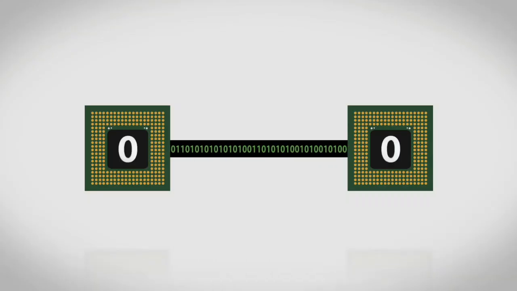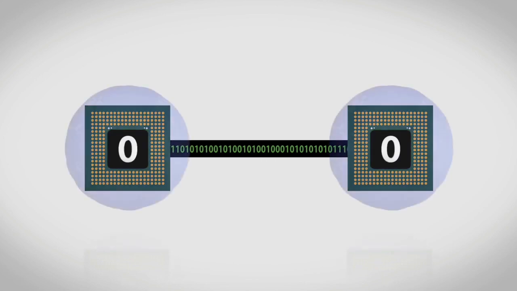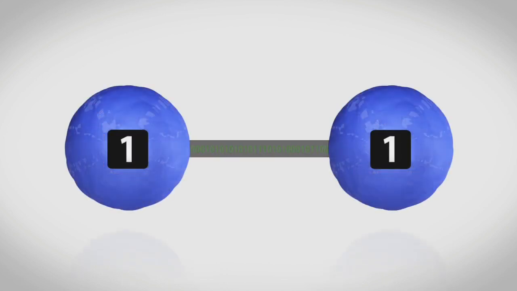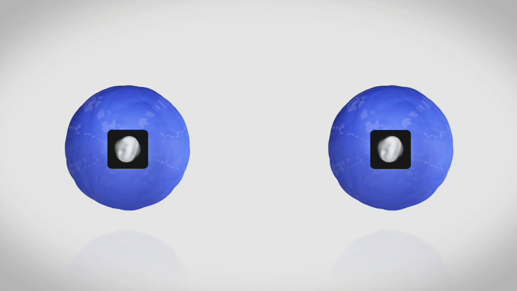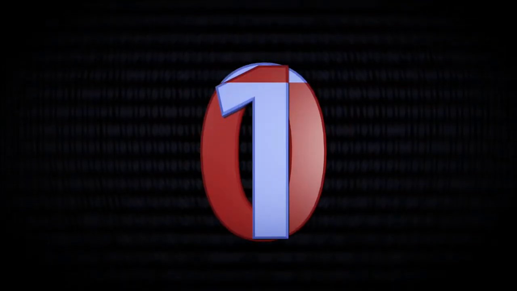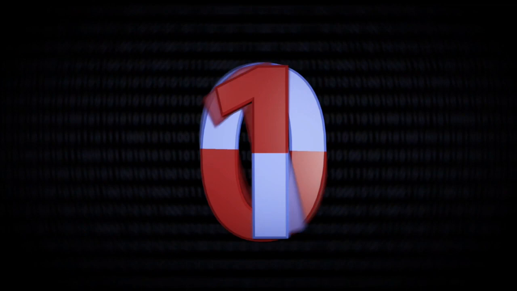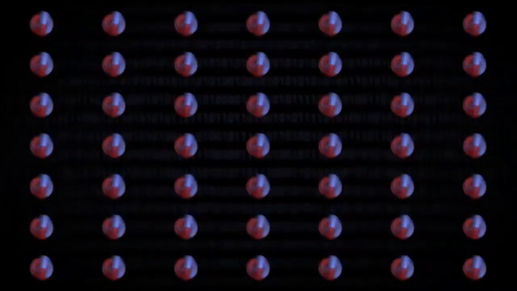In quantum computing, particles are neither ones nor zeros of the traditional binary code. But instead, these qubits, as they're called, can be 1, 0, or both values simultaneously. This means a quantum computer could calculate all possibilities simultaneously, allowing it to process a much greater amount of calculations per second.